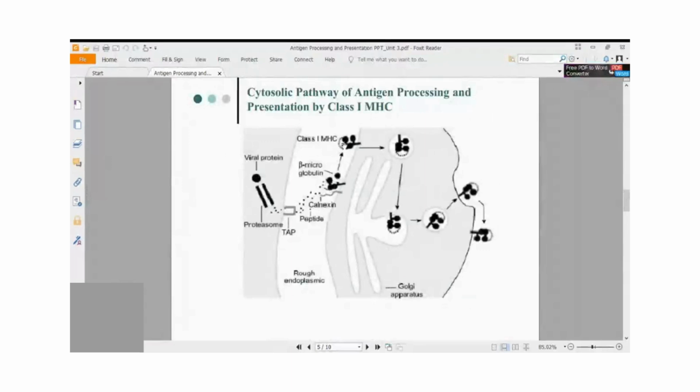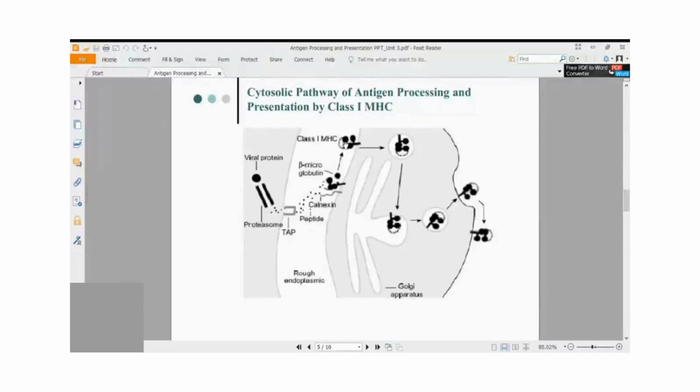They can sit there. But remember, class 1 MHC can accommodate peptides to come and bind to that antigen cleft only if they are of about 10 amino acid residues. If they are more than that, it cannot accommodate. So only about 10 maximum. So such peptides can come and bind there.